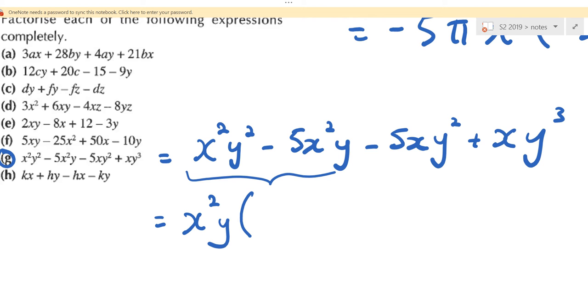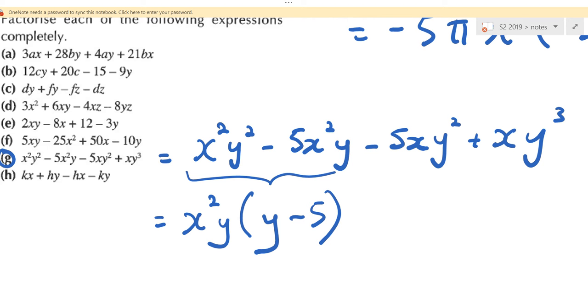So Jess, how you understand is, if you were to do expansion, this times y times y will give you y squared. Try again. This times what number will give you negative 5x squared y? Negative 5. Any alphabets to go with? No, that is correct. Can you understand the first one?